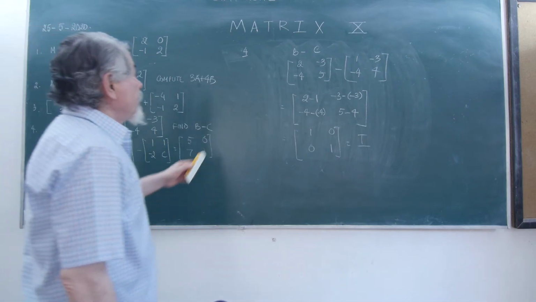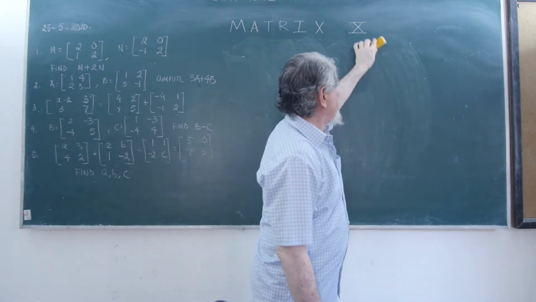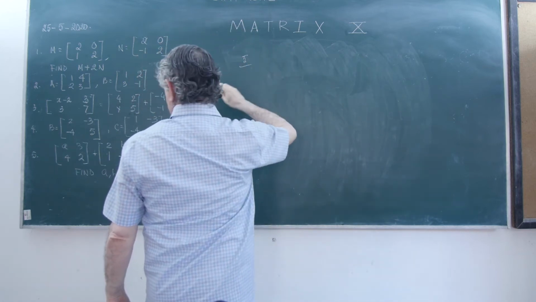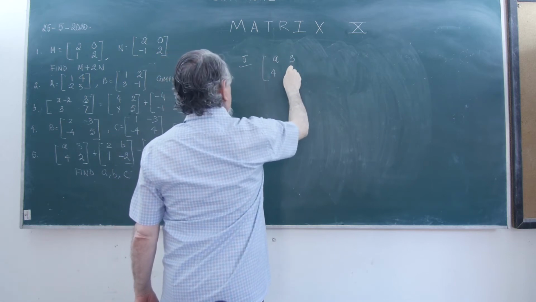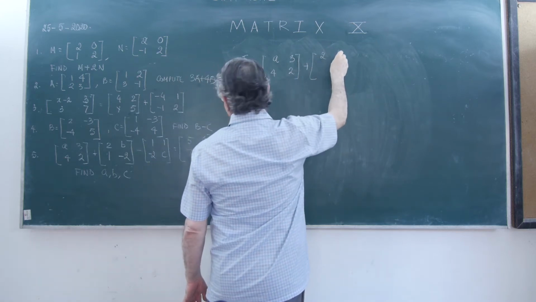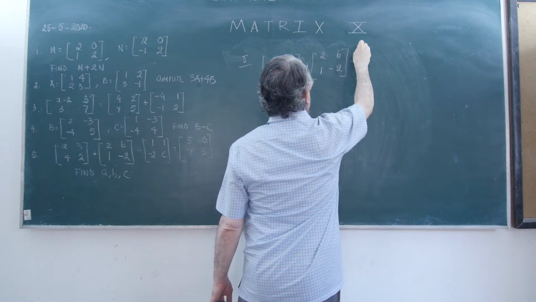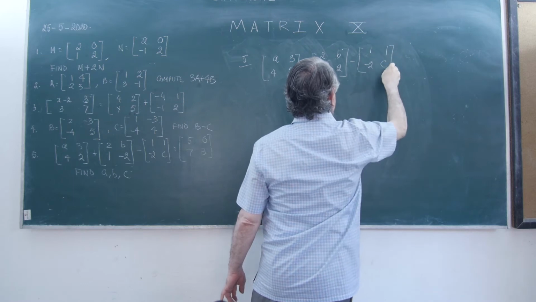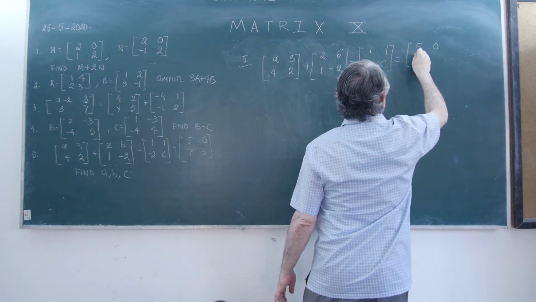Now let us see question number 5. A 3 4 2 plus 2 B 1 minus 2 minus 1 1 minus 2 C is equal to 5 0 7 3.